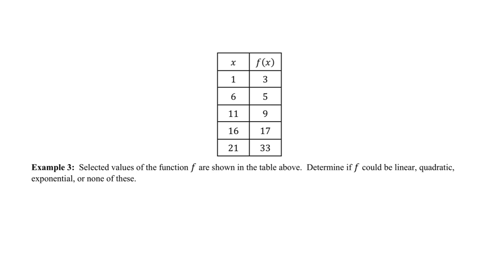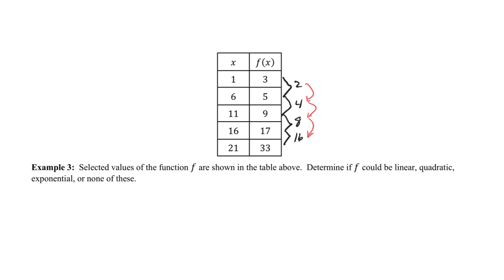So let's look at our jumps on the y side. That jumped 2, that jumped 4, that jumped, what is that, 8? And then that jumped 16. If those were all the exact same number, we would say that's linear. And we can actually do this again, meaning we could subtract again.